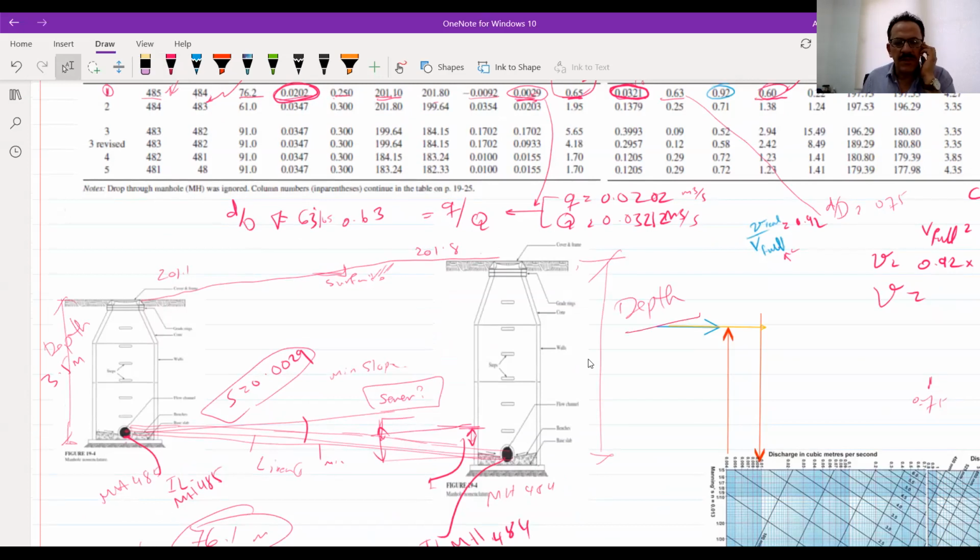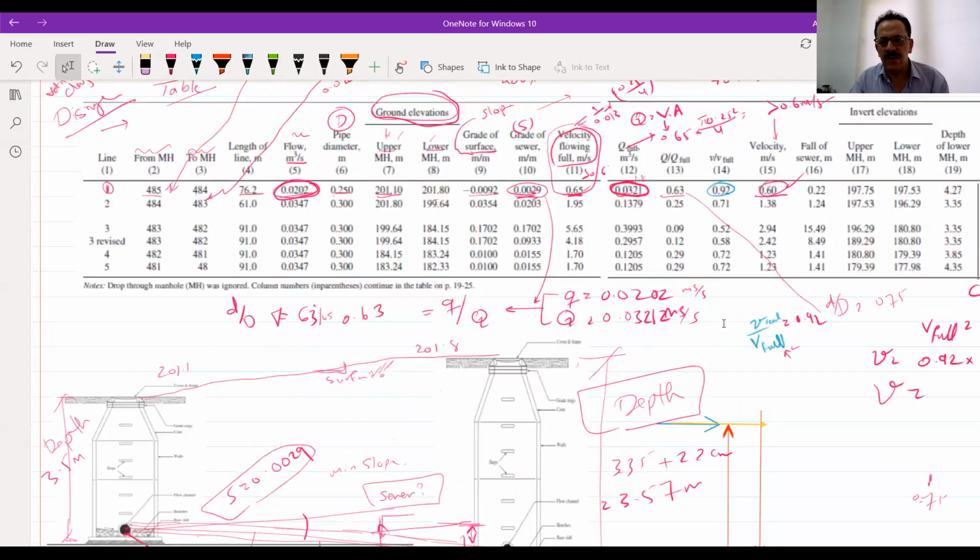Now, what will be the depth of the second manhole? It will be the depth of the first manhole plus the drop. So 3.35 plus 22 centimeters or 0.22 meters will become 3.57 meter. This will be the depth of the second manhole.